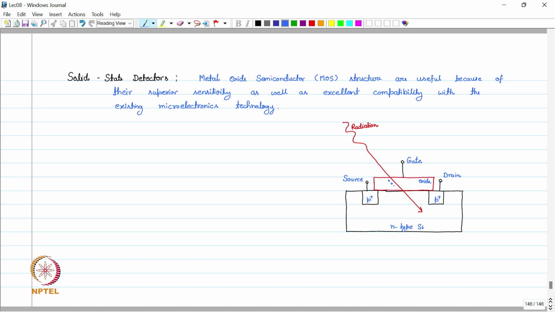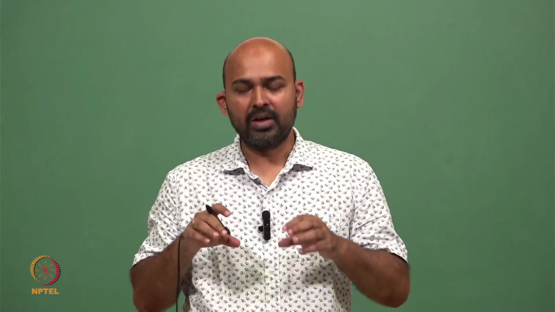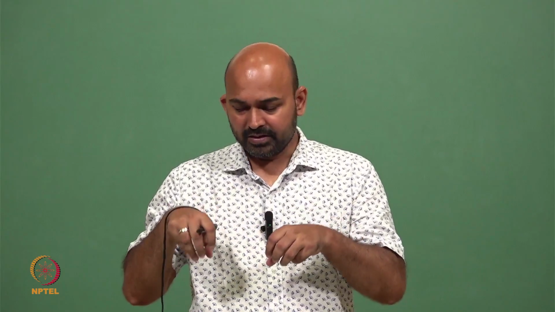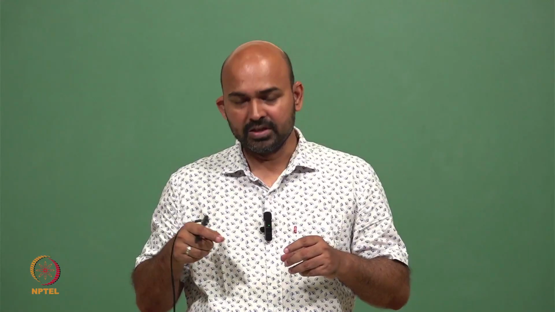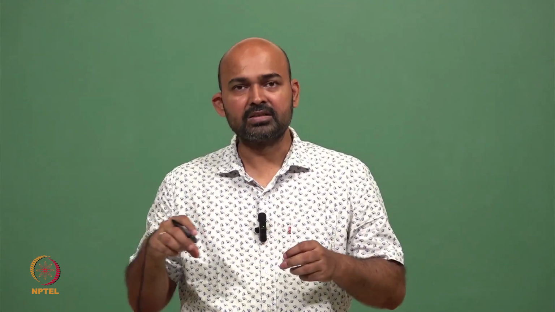Let's say positive on this side, negative separated to the other side. Now the oxide does not conduct electricity. So whatever charges are generated by this radiation, they are trapped in the gate oxide. So the gate oxide, which was earlier neutral without the radiation, when we shine the radiation, starts containing a fixed amount of charge within itself.